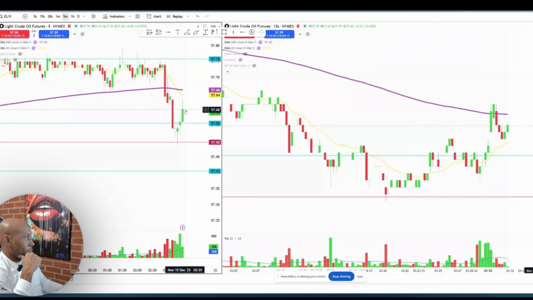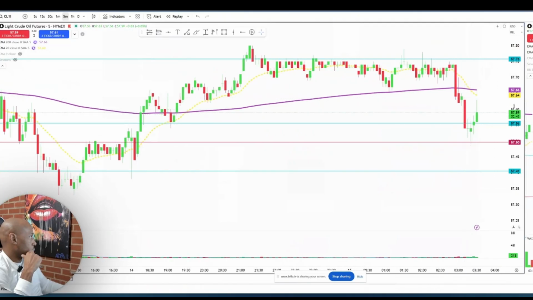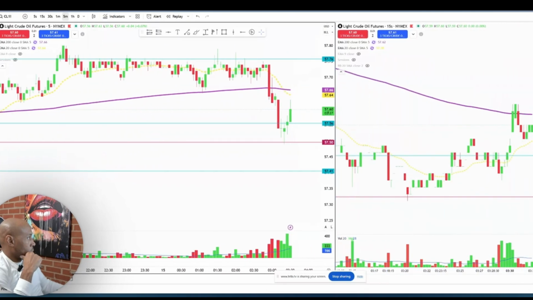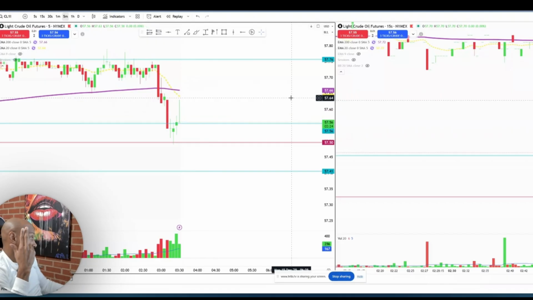But I am looking at possibly a rejection up here on the 5 minute from this 20 EMA, but we'll see. I'm looking for either rejection from the 20 EMA or possibly price coming back down to this blue level or this pink level and making a double bottom, then going back up.